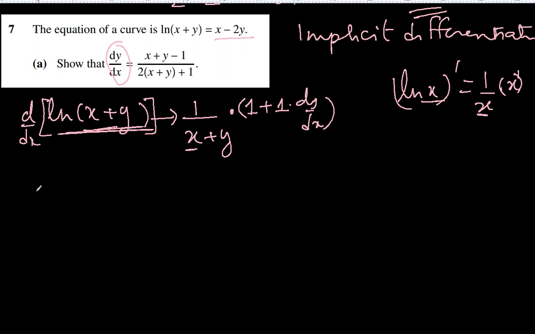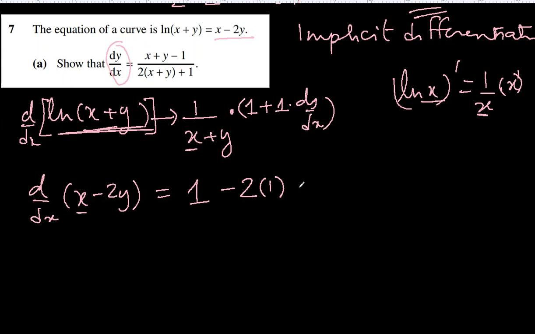Let's go to the right part, x minus 2y. This is easier. The differentiation of x is 1. Minus 2 is a constant, so don't touch it. Just look at y. Differentiation of y is 1, and because it's y, dy over dx.